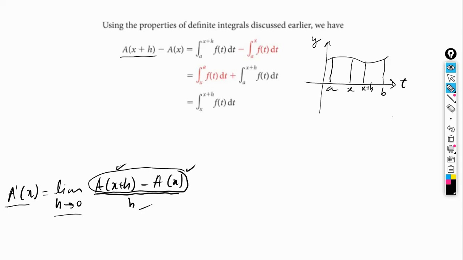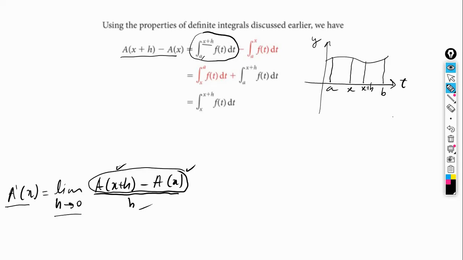notice that from before we know that A of x plus h is equal to this integral here, right? This integral here is the area under the curve between a and x plus h.